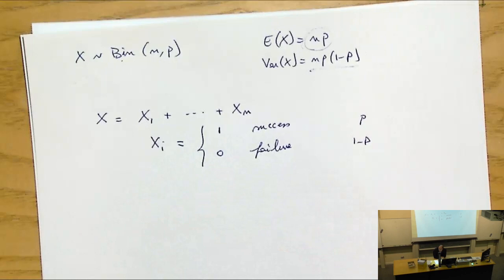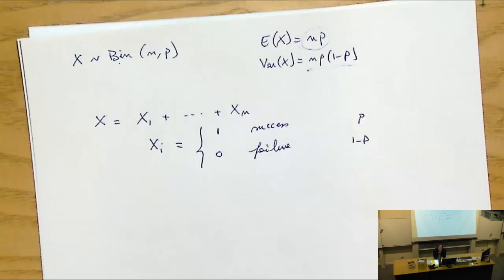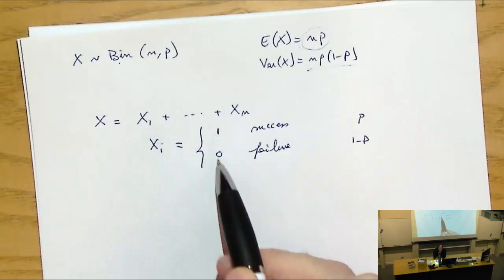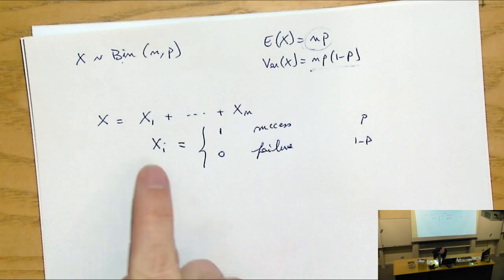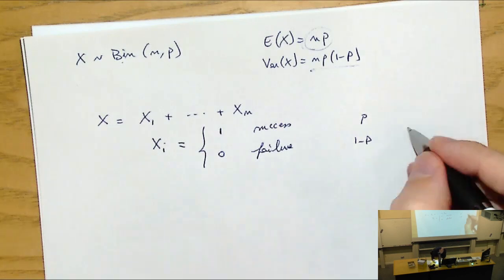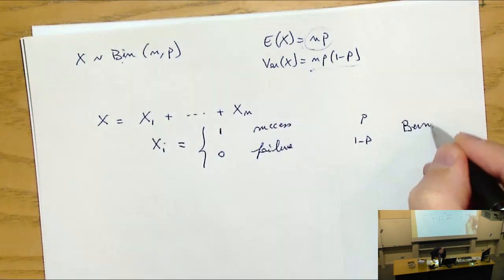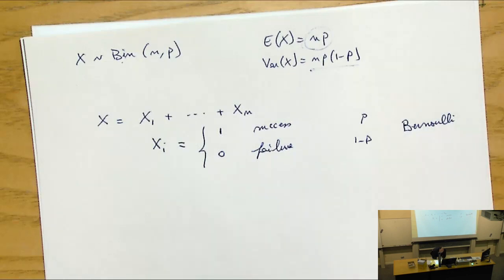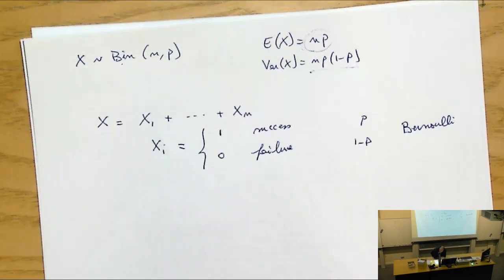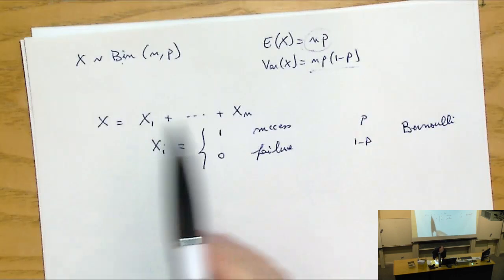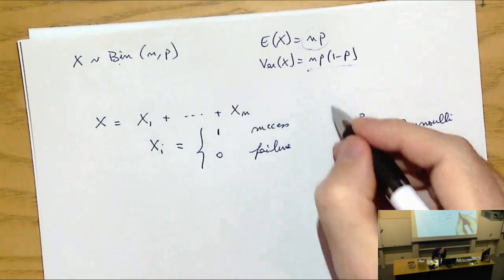If you sum those n 1s or 0s, you're going to have the number of successes out of n trials. Now this random variable here is called Bernoulli. So what I'm saying here is that you can write a binomial random variable as a sum of n Bernoulli random variables. Now all those Xi here are all independent.